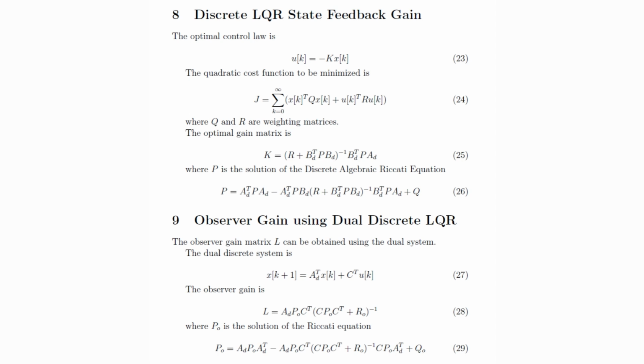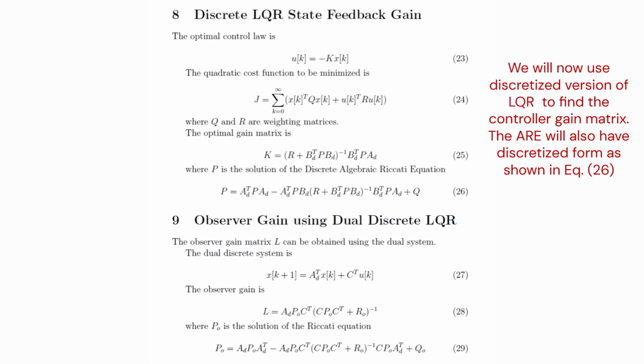In order to use LQR, we are going to minimize the cost function J, which is given over here, and find the optimal control law, which is u of k equal to minus K x, where K is the state feedback gain matrix. We calculate this by minimizing this cost function J.